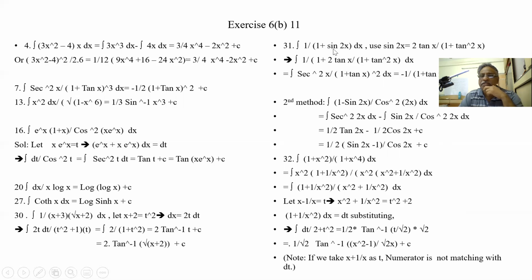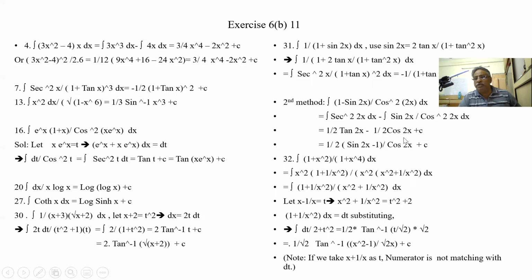So 1 minus sine square 2x is cos square 2x. So I am separating: 1 by cos square 2x is secant square 2x, minus integral of sine 2x by cos square 2x. So integral secant square 2x is tan 2x by 2, minus, since the cos square 2x differentiation gives sine 2x, minus 1 by 2 cos 2x.